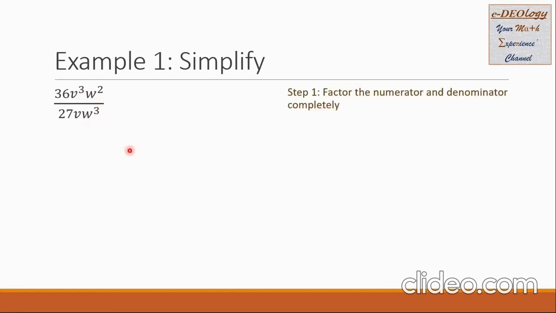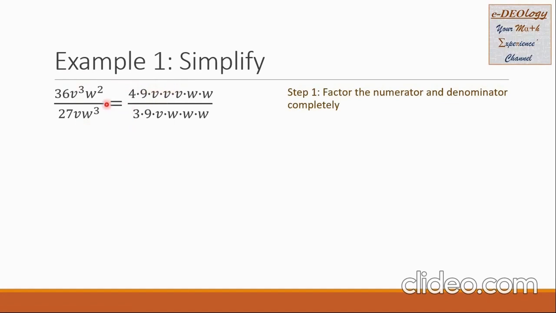In step 1, we will factor the numerator and denominator completely. In the numerator, the 36 becomes 4 times 9. The v cubed, we wrote here the v 3 times.